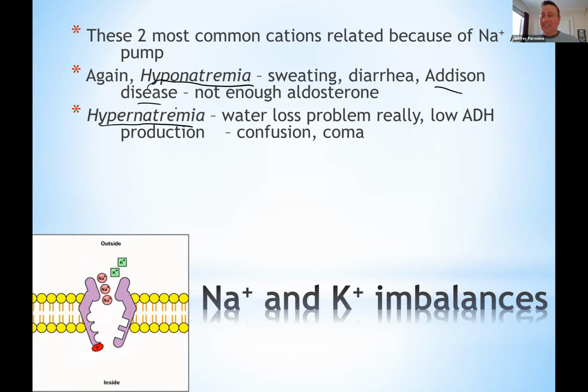So in Addison's disease, you don't make enough aldosterone and you just pee out the sodium. So you have hyponatremia. It's another cause of it. So if your kidneys get rid of too much sodium or you just drink too much water, either case, you're going to have hyponatremia, not enough sodium. And both hypo and hyper cause coma, death eventually, right?